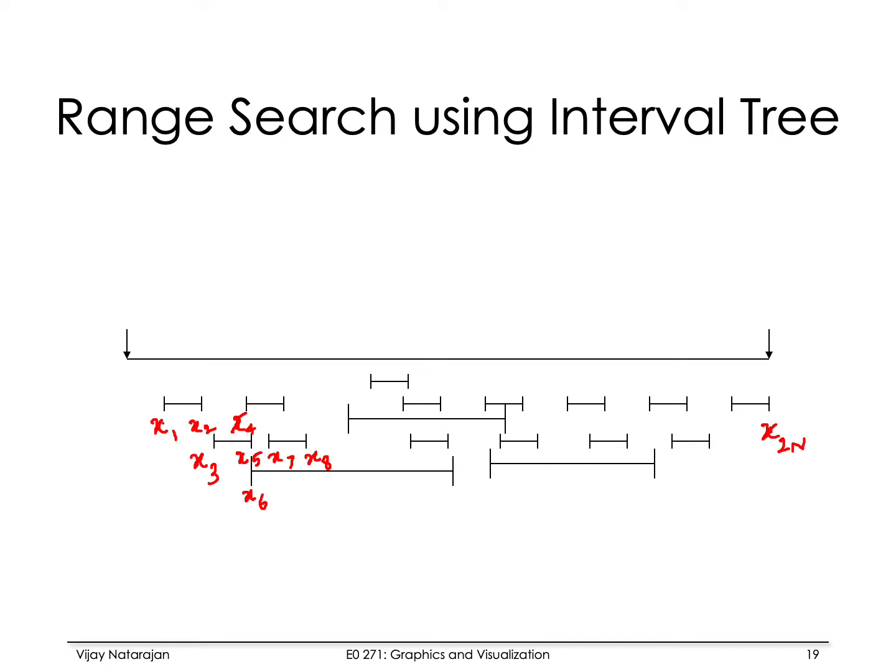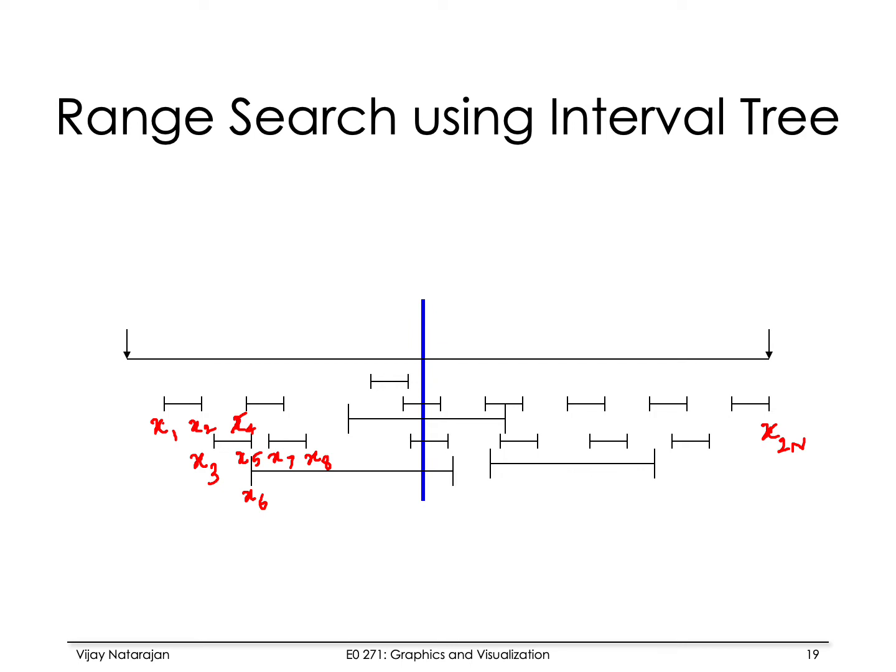So we have 2n endpoints, and we have ordered them in increasing order, and we have now chosen the midpoint. Well, this is not really the midpoint, right?